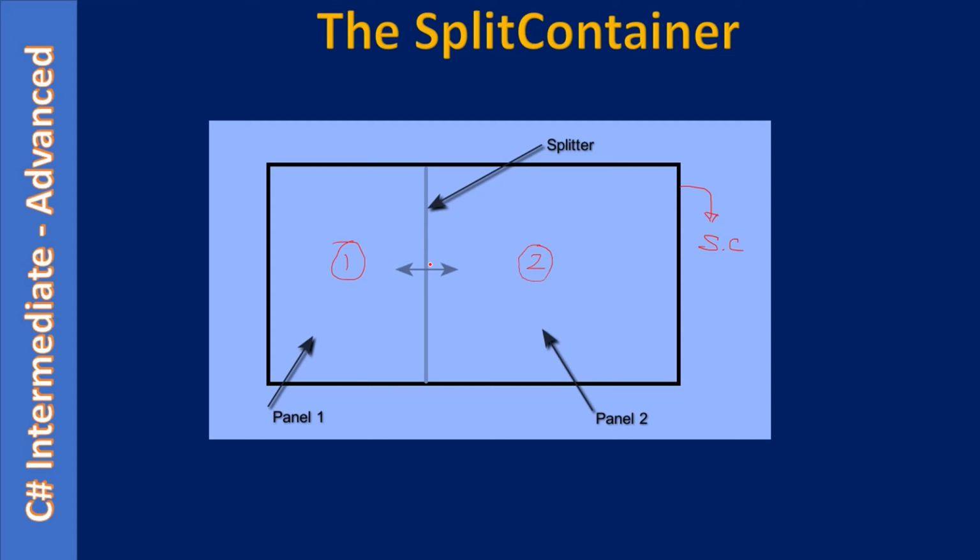And what you are seeing here in the middle is the splitter. And this arrow mark shows you that you can adjust the size of panel 1 and panel 2 using this splitter. So you have to click your mouse, then drag it towards left or right to adjust the size of panel 1 or panel 2.